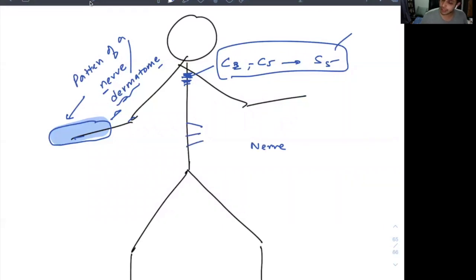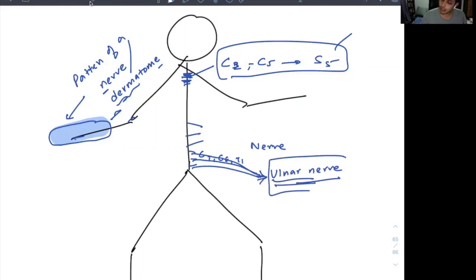For example, the root value of an ulnar nerve can be C7, C8, and T1. All these three roots come together and form the ulnar nerve.